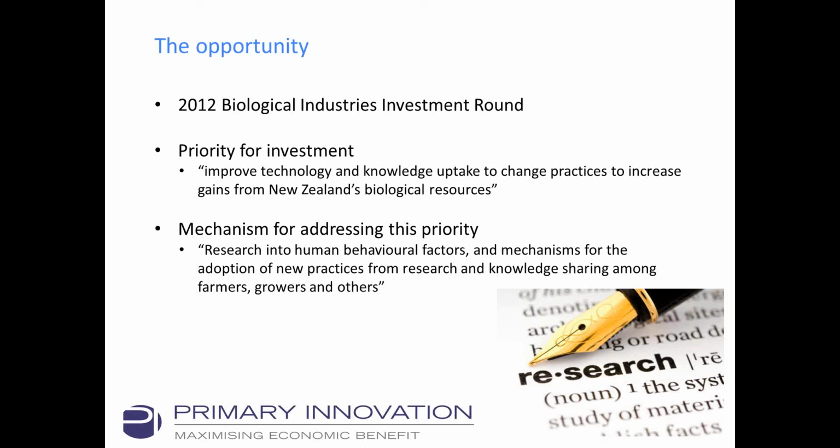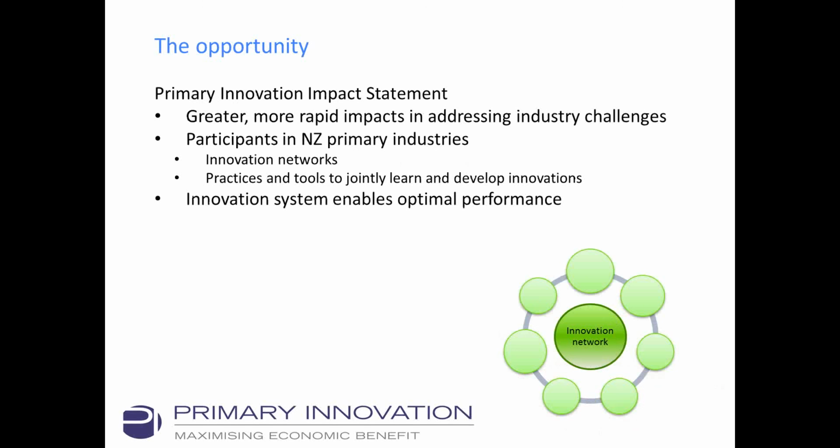So a proposal was put in by this variety of research organizations and industry good bodies, etc. And MBIE was kind enough to grant us the money and allow us to have a stab at this. So we have this impact statement, and we aim that we would have greater, more rapid impacts in addressing industry challenges if we get participants in the New Zealand primary industries to work together in innovation networks.